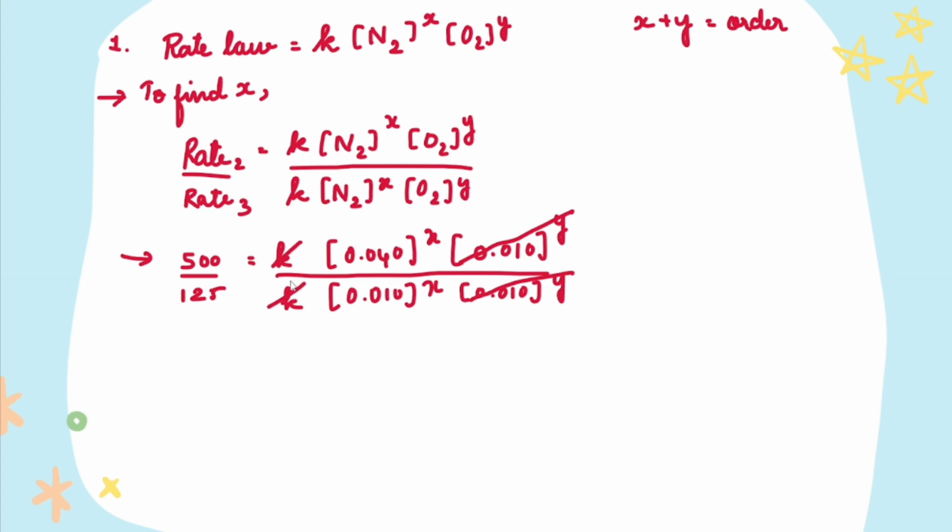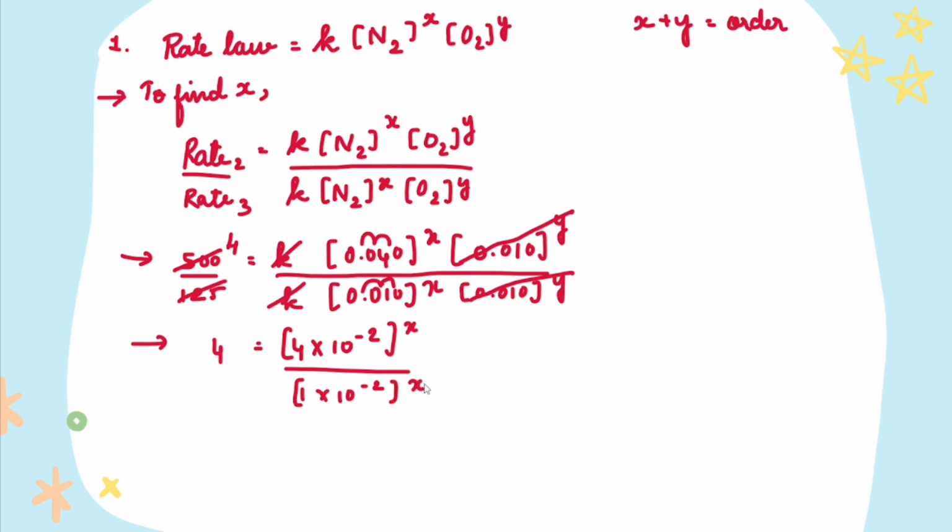The K also will be cancelled, and 500 divided by 125 gives 4. So 4 is equal to, here you see this is 0.040, which is 4 into 10 to the power of minus 2, to the power x, divided by 1 into 10 to the power of minus 2, to the power x.